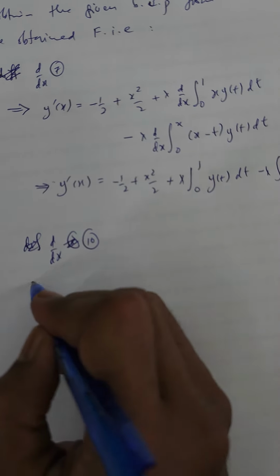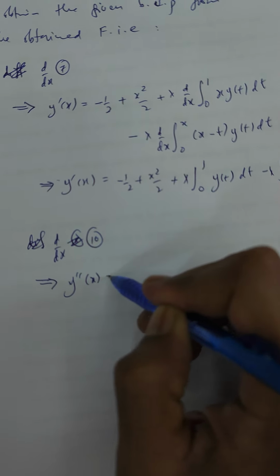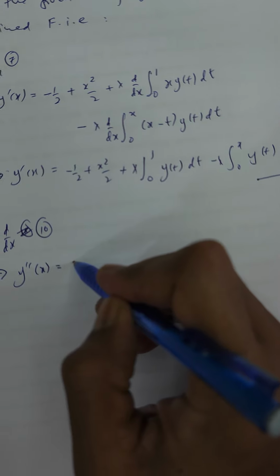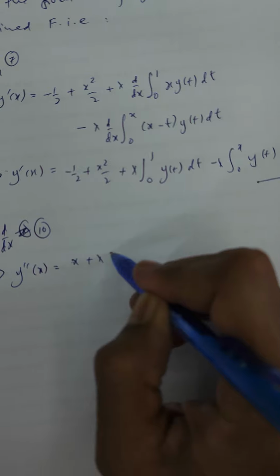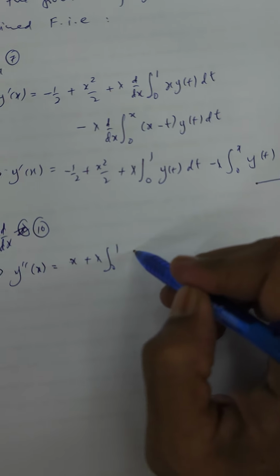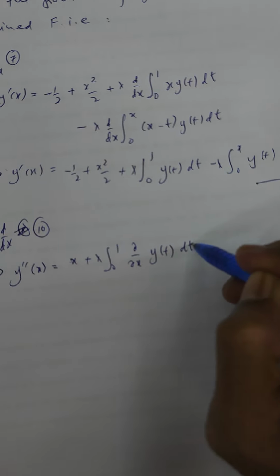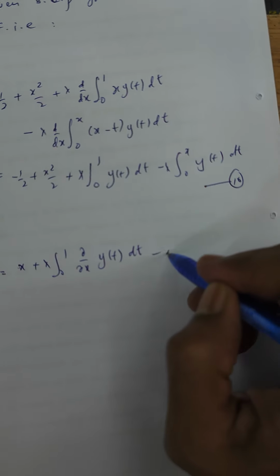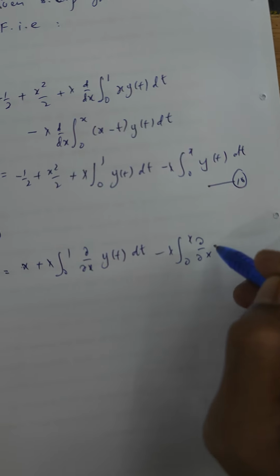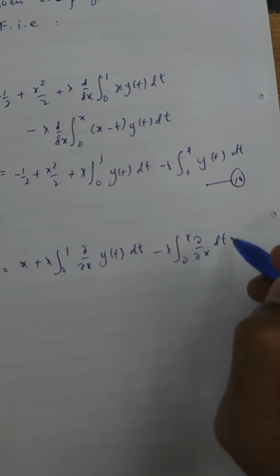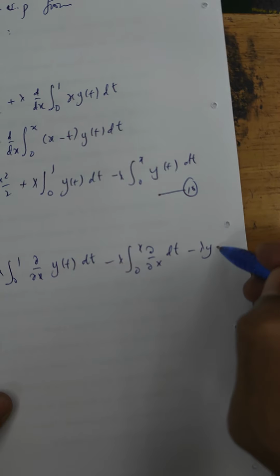Okay, so what we have is that y double prime x, this is equal to, I just write all this thing, x plus lambda integrate 0 to 1 del x, we have y(t) dt, minus lambda integrate 0 to x del x dt minus lambda y(x).